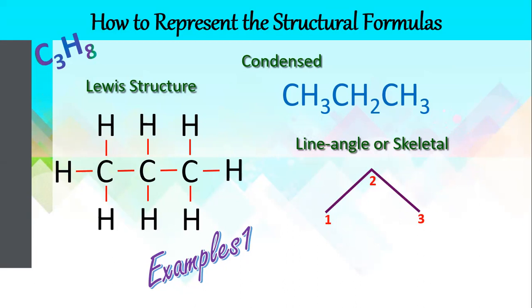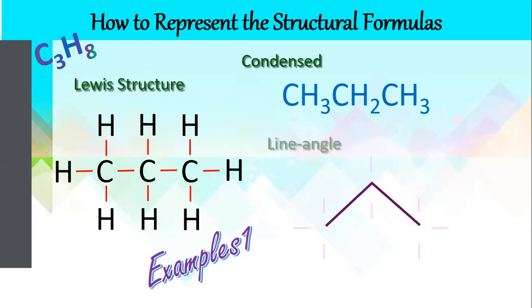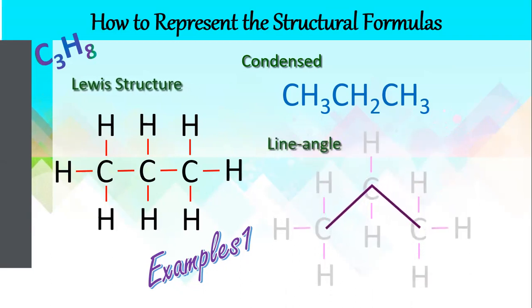So now, what about those hydrogen atoms? Where are they? Honestly, we don't care. They're there, but we don't need to show them. If you're trying to figure out how many hydrogen atoms you have for the molecular formula, use this trick.